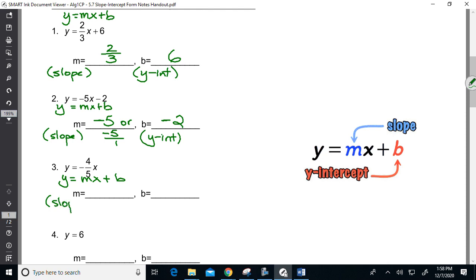Negative 4 over 5. When you give the slope, do not include the x when you type it in. If you type in the x on the IXL, the IXL is going to mark it wrong. The slope is just a number.